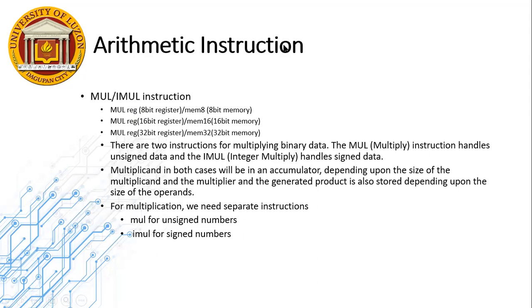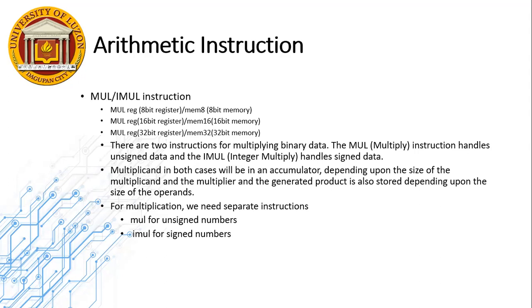You could also use it in a 16-bit register or 16-bit memory, and so on. There are two instructions for multiplying binary data. First is the MUL multiply instruction, which handles unsigned data, and the IMUL, for integer multiply, handles signed data.